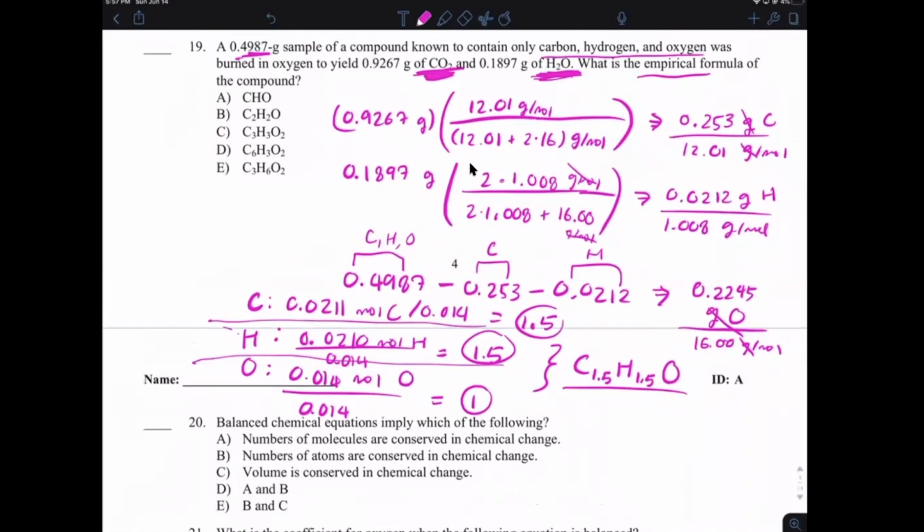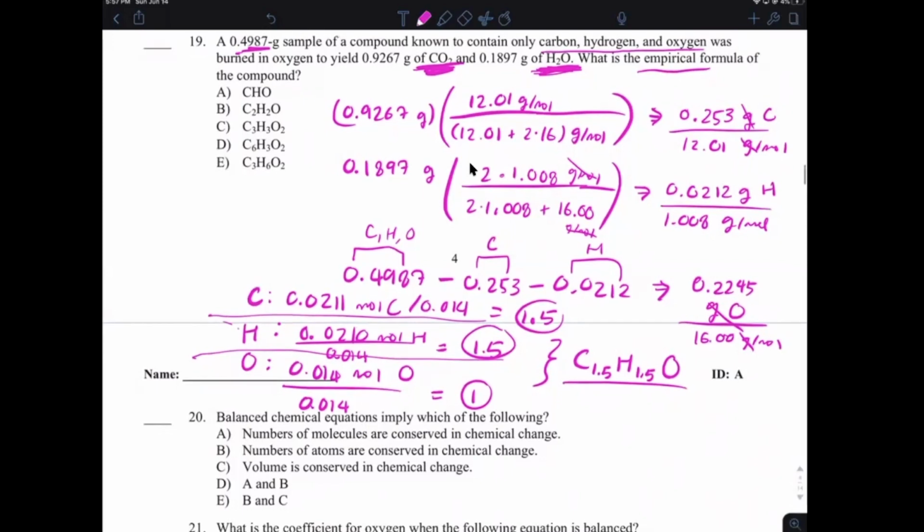And then now we have this. So can we just leave it like this, or is there something we should do to everything to make it a whole number? And if there is, what should we multiply everything by to get a whole number? Yeah, 2. So let's multiply all of these by 2.